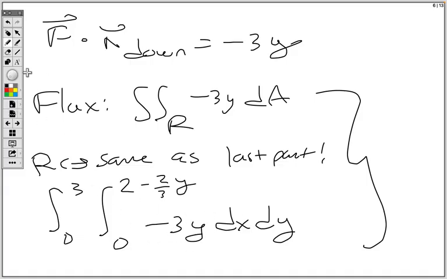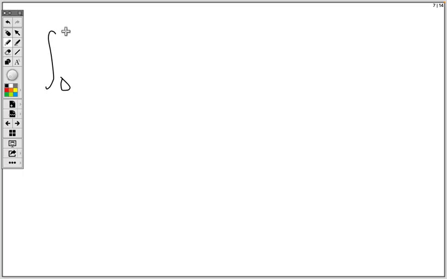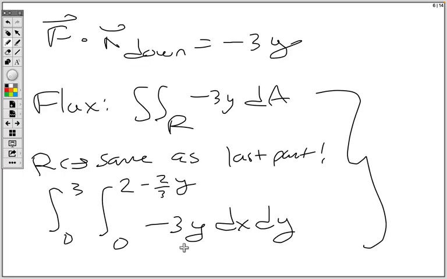All right, so we start integrating here. I'm going to have the integral from 0 to 3. What's the integral of minus 3y dx? Minus 3yx, good.